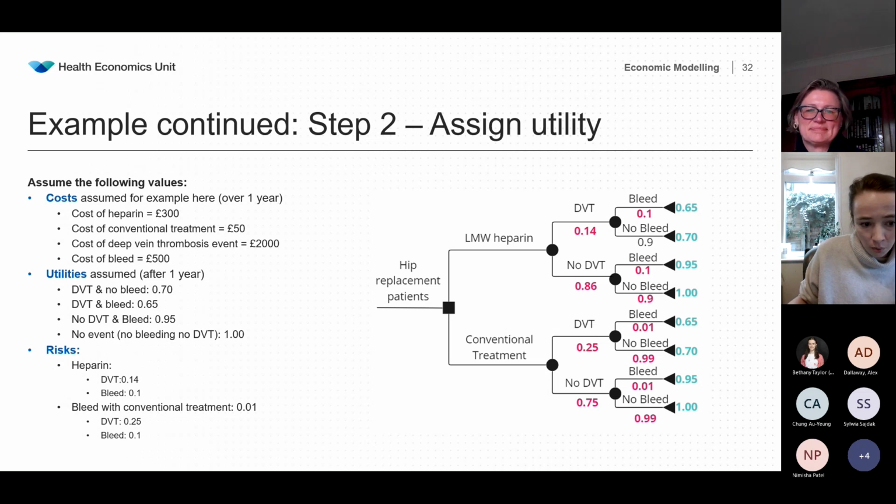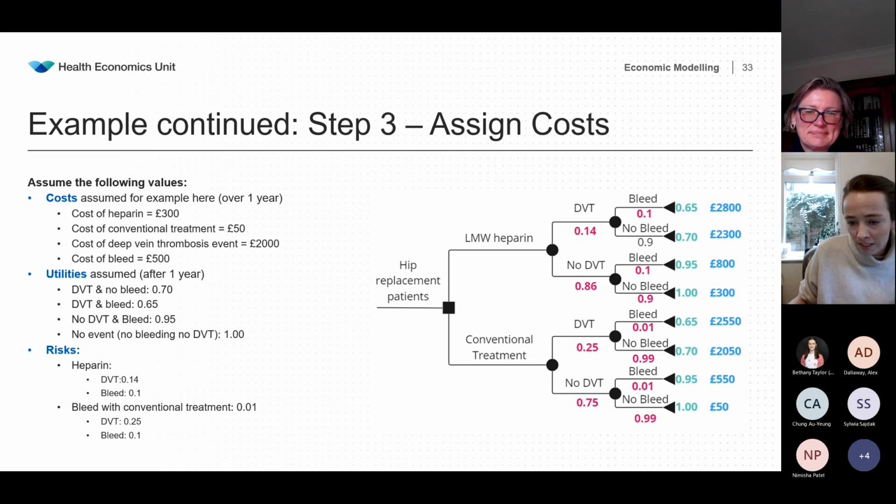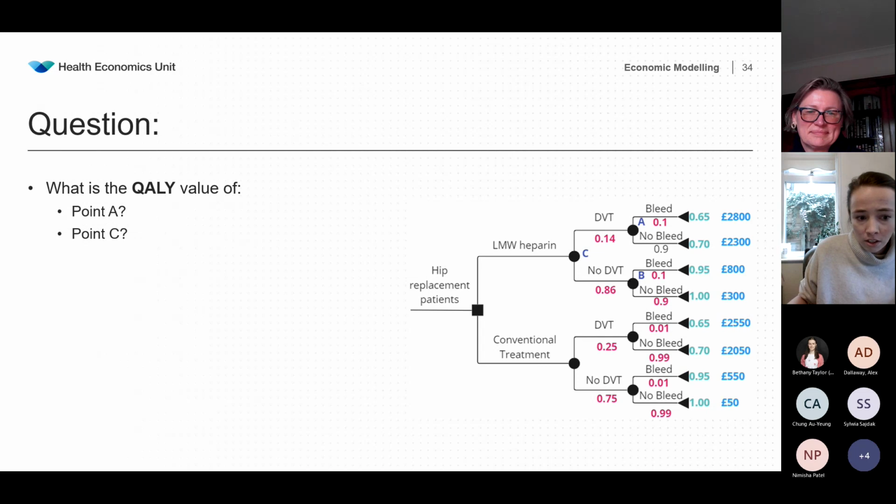You'll assign your utility values here in green. Then you'll be able to get your costs of each type of branch. From that, you'll be able to calculate the qualities. So who can tell me what value they got for their quality for point A? And or for point C?